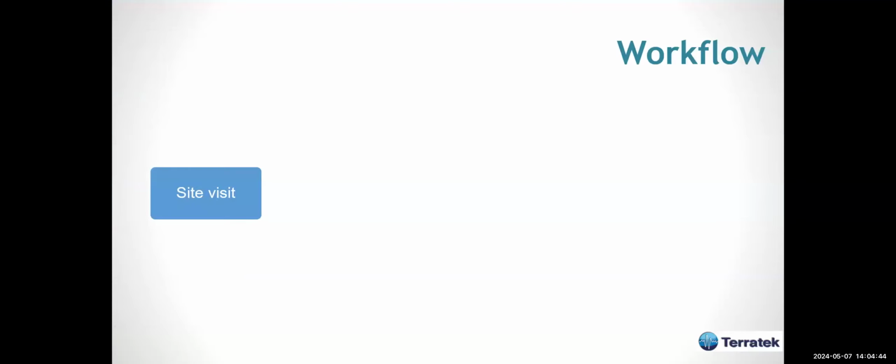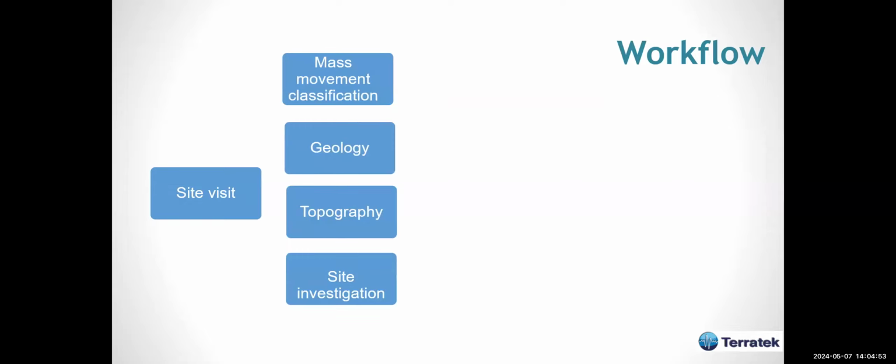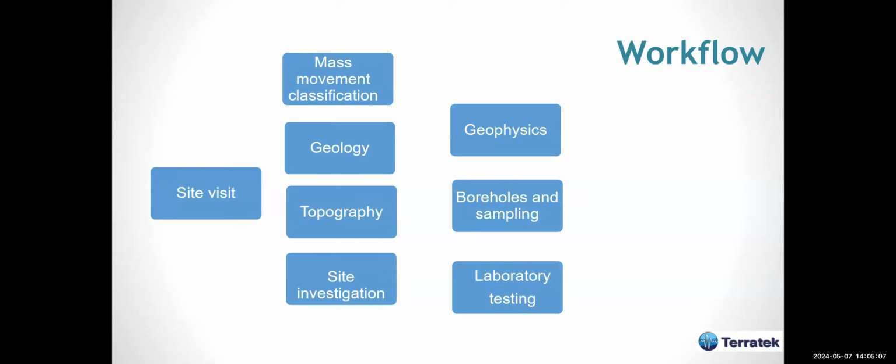So, workflow. In order to analyze any slope, first of all, we have to do a site visit, and you can do mass movement classification, geology, topography, and site investigation. These are the data that you need to come up with a solution for any slope.